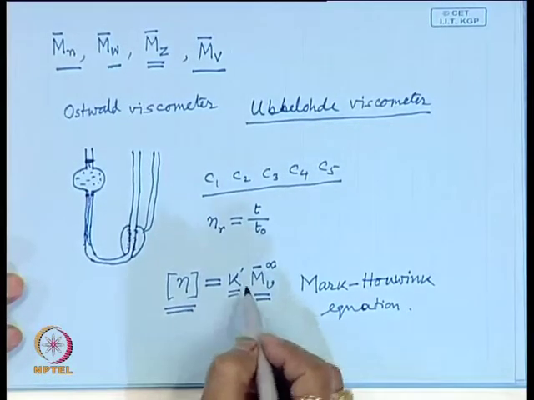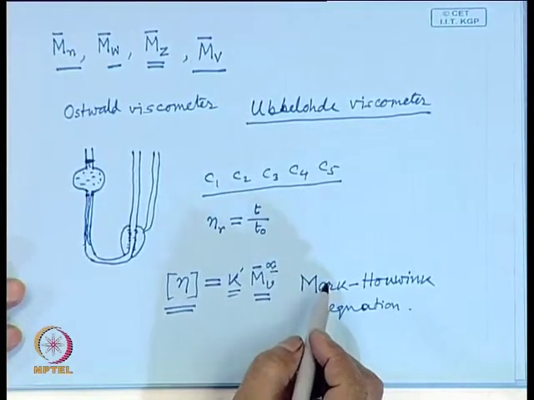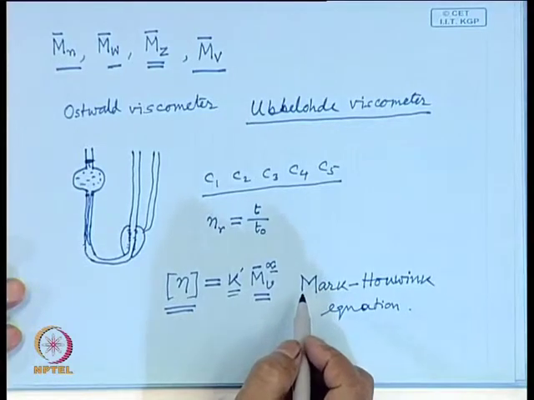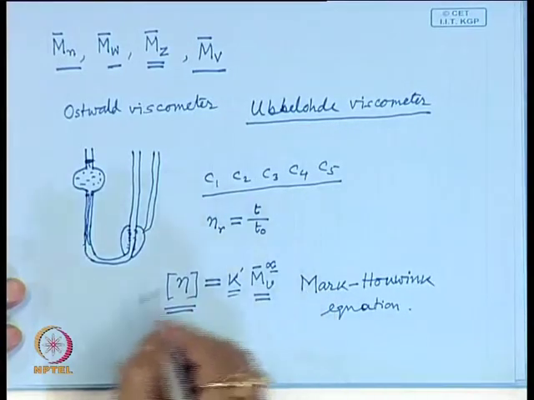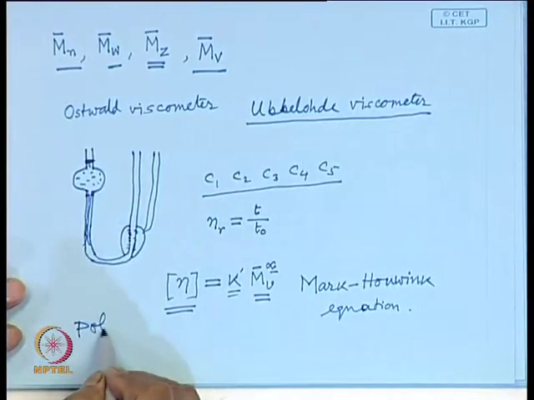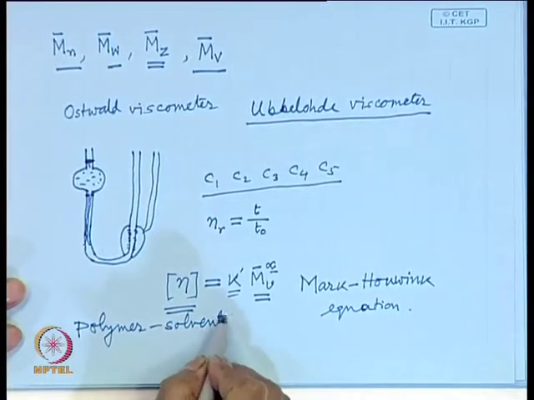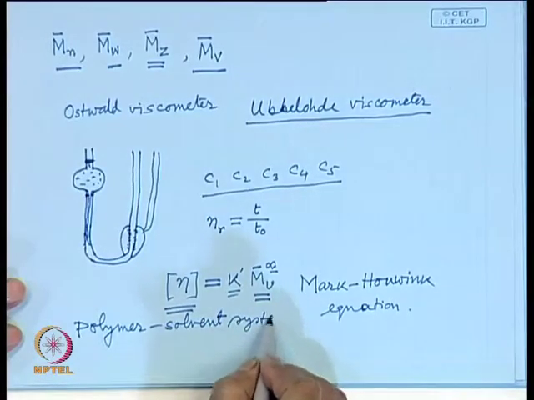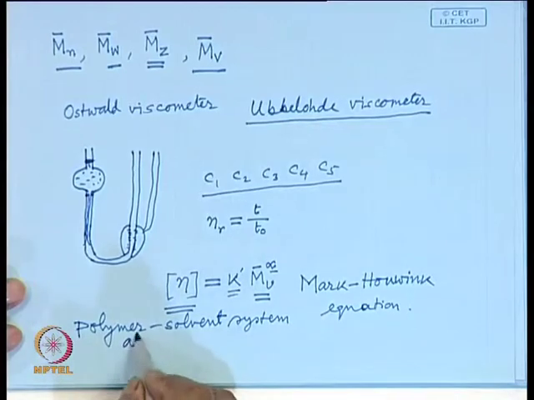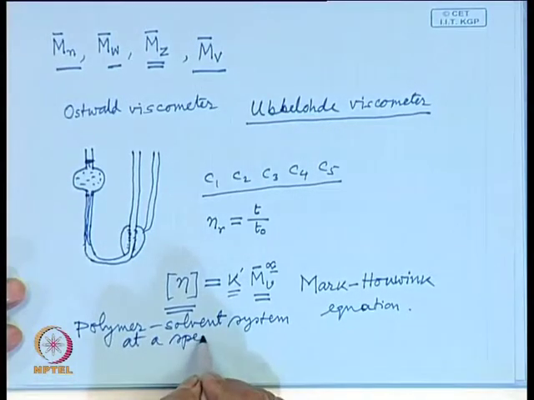What are these? These are constant parameters dependent on a particular polymer solvent system, for a specific polymer solvent system at a specific temperature.